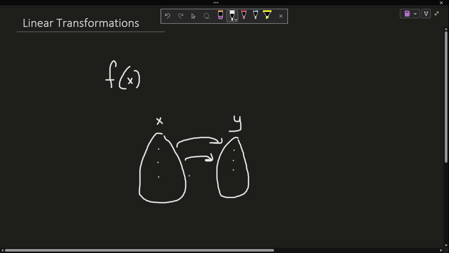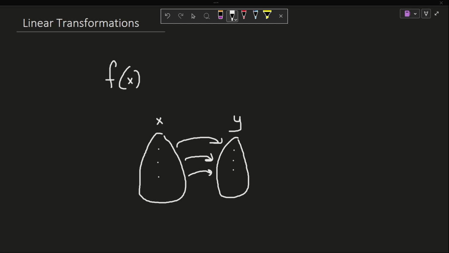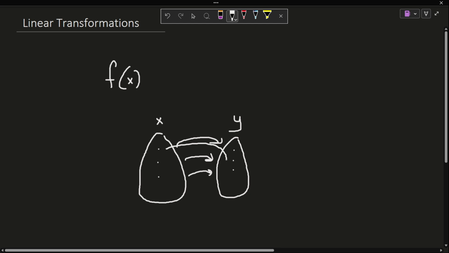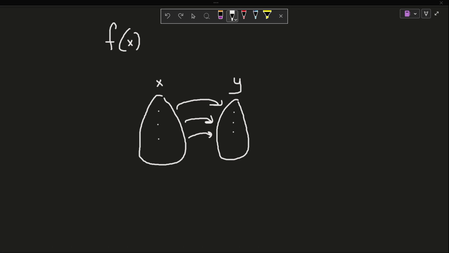And so we learned what makes a function, right? Each input can only correspond to one output, right? So we can't have something where this first x corresponds to these two. We can't have that. And that's how we define our function.